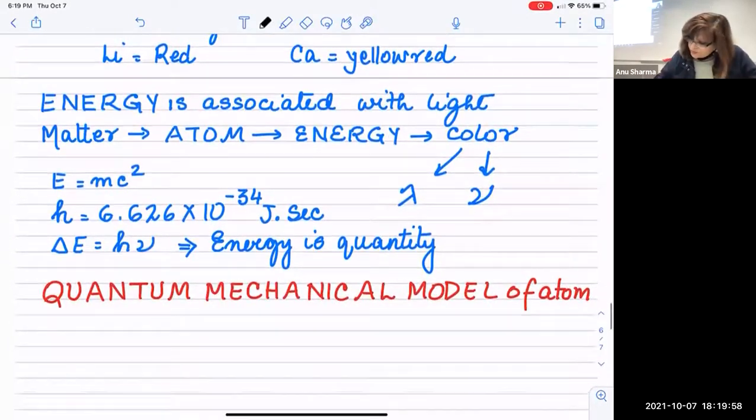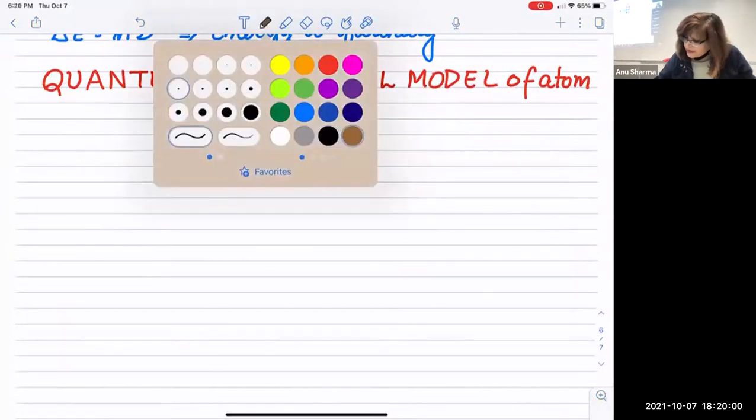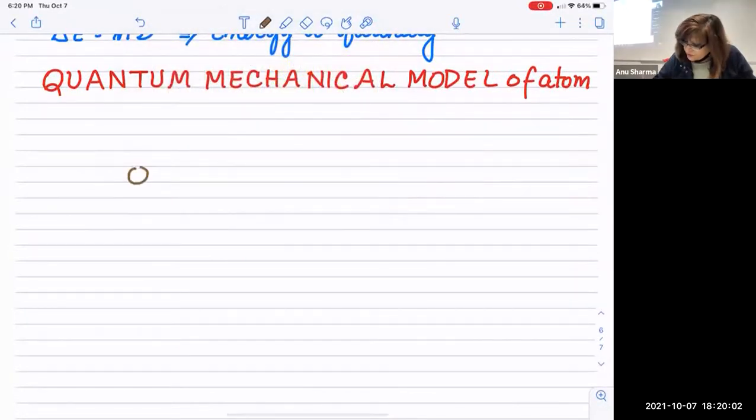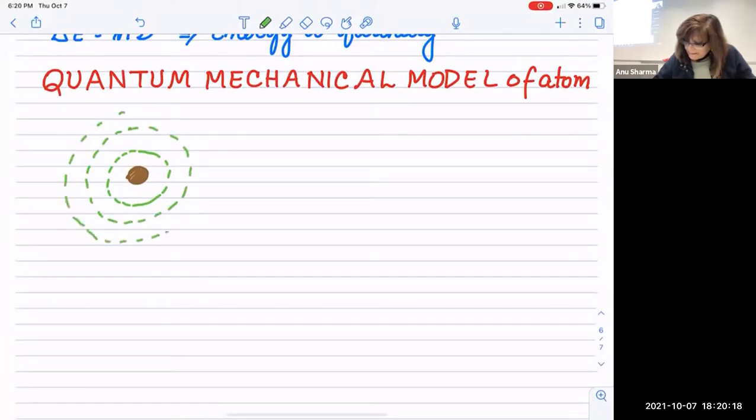So there are a few things we know about the atoms, and this led us to understand what must be happening. One is the nucleus. Outside the nucleus are the energy levels: energy level 1, energy level 2, energy level 3, energy level 4.